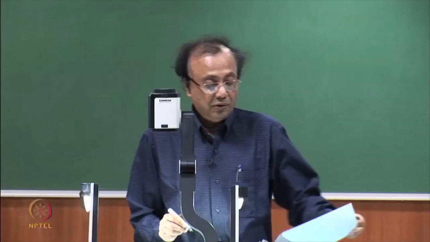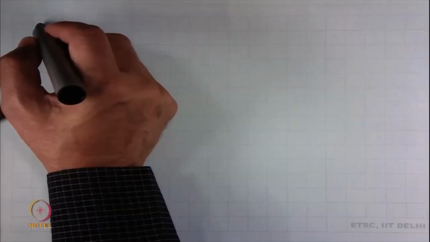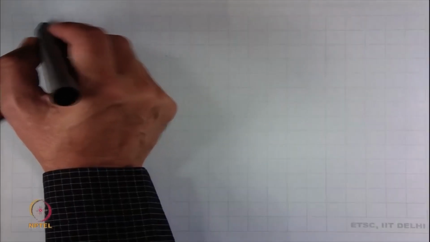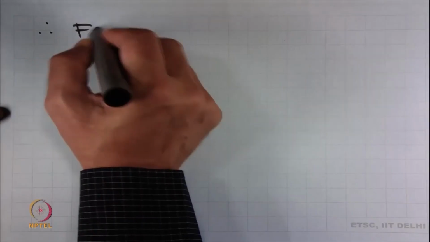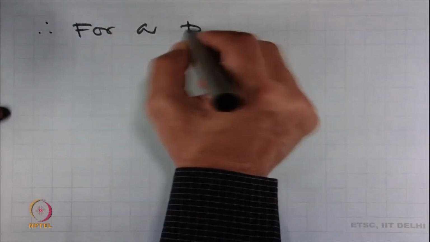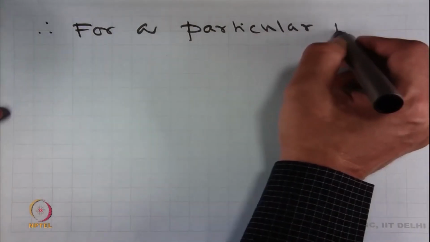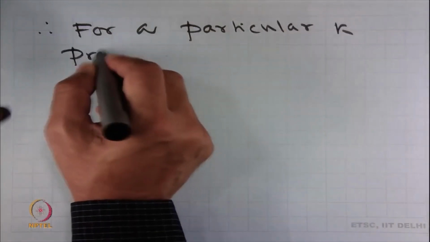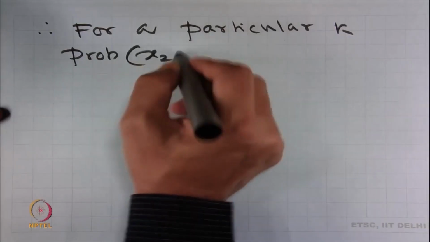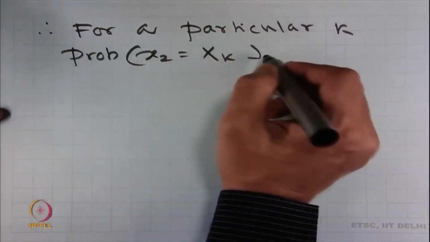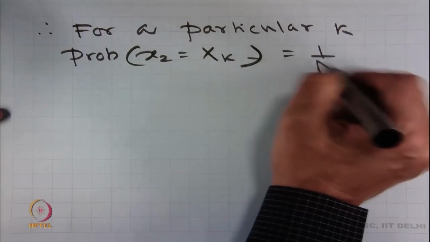If you remember, we have selected a particular x k. The probability that x 2 is equal to x k is equal to 1 upon n.